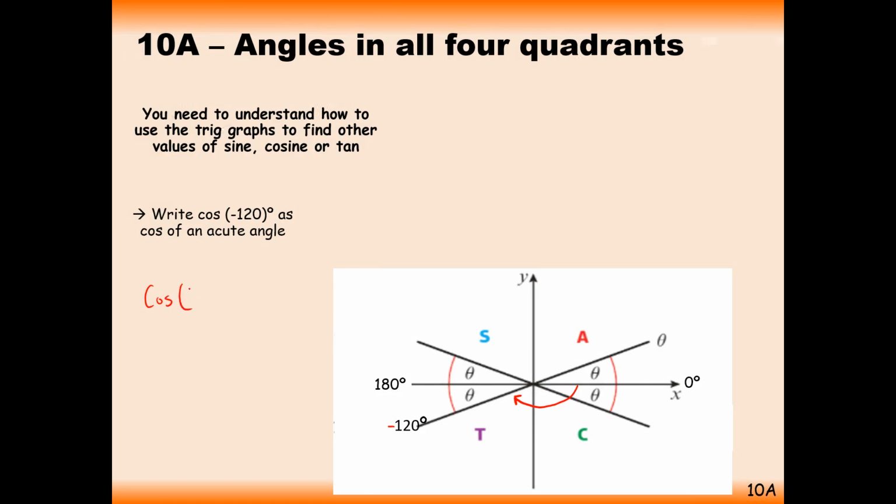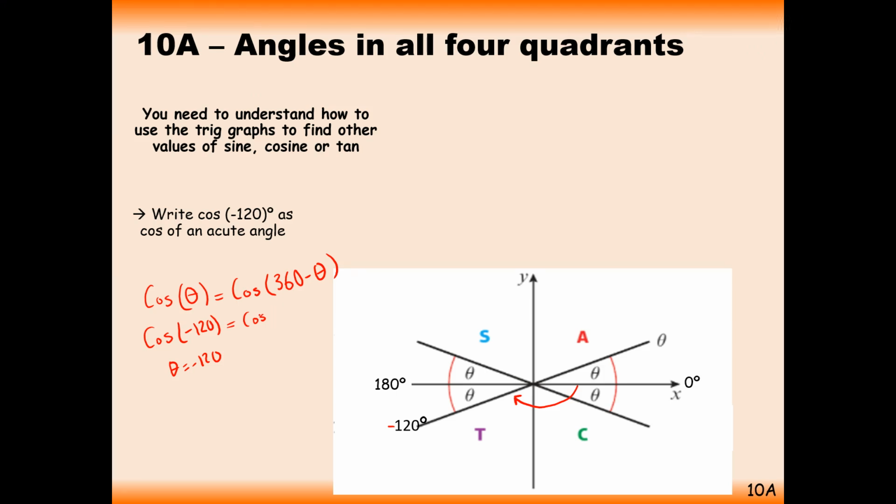Cos of theta is the same as cos of 360 minus theta. If I apply that here, I'm setting theta to be negative 120. Substituting that means it's the same as cos of 360 minus a minus, which makes it a plus.